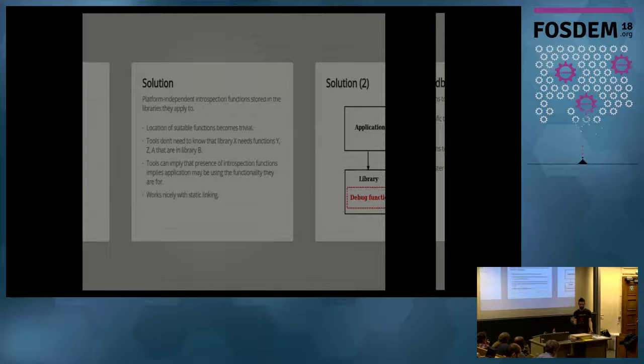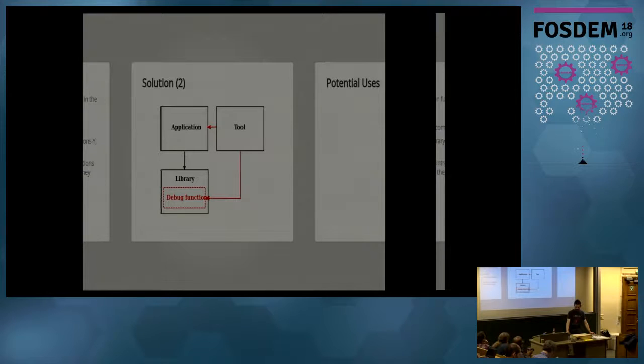If your application got the threading library because it was statically linked in, then as long as the Infinity functions have followed it, the debugger can see that. And graphically this looks like that. There's no separate library, you just have your debug functions in the regular library.